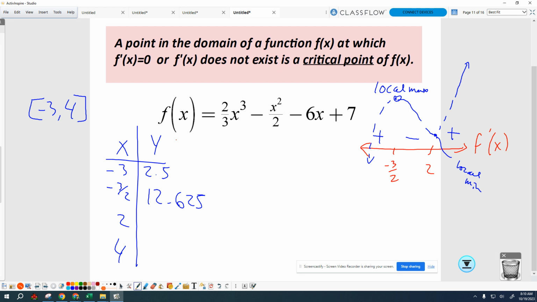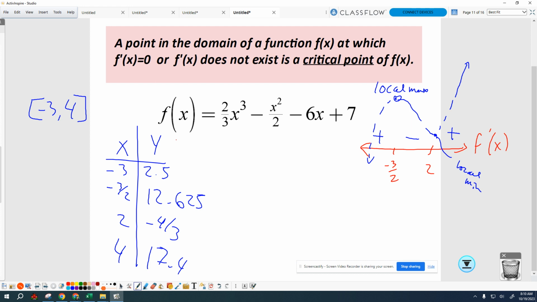And 2 looks like a nice number, looks like negative 4/3. Are you plugging into the derivative or the reciprocal? Preston, what am I plugging it into? Original. Because I want to know the y values. So those are about the values.